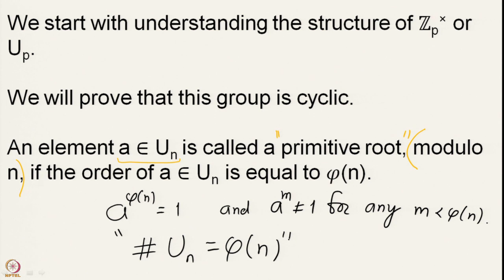So, whenever you have a primitive root modulo a number n, the corresponding group Un will then be a cyclic group. So, we are going to be studying the structures of these Un, trying to see whether they are cyclic or not by trying to verify whether there exists a primitive element modulo that n or not.